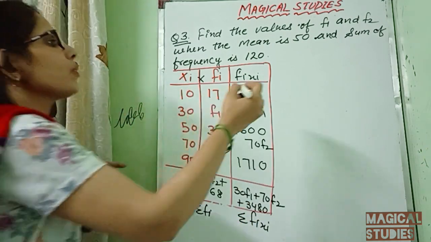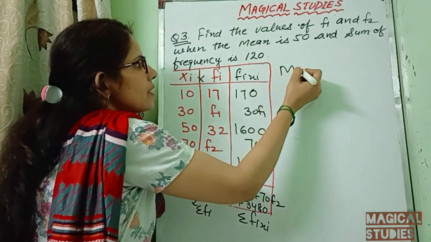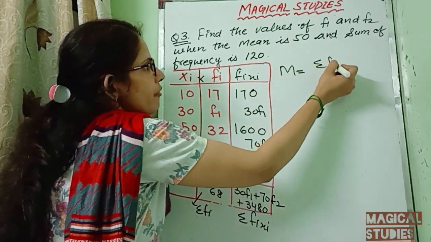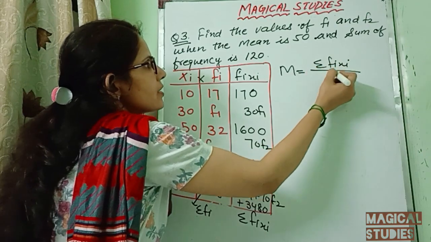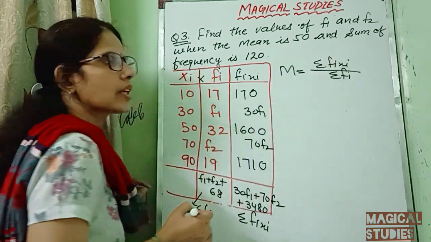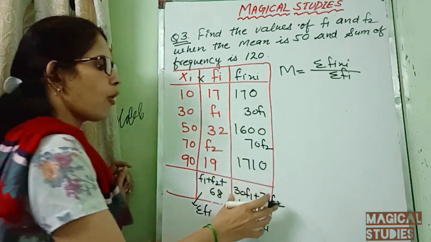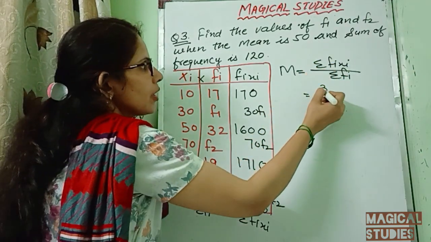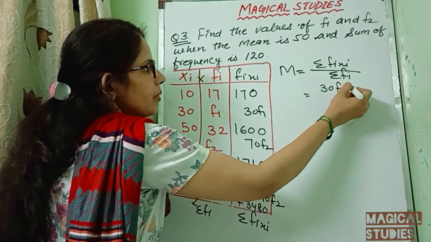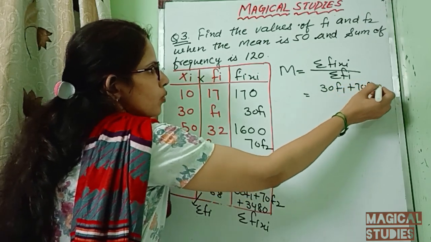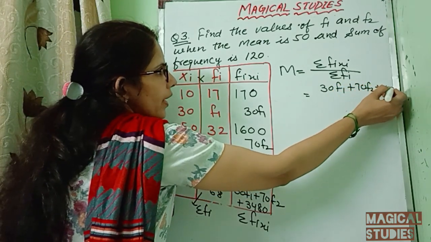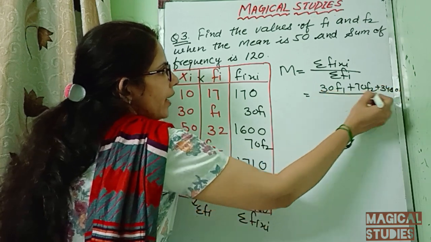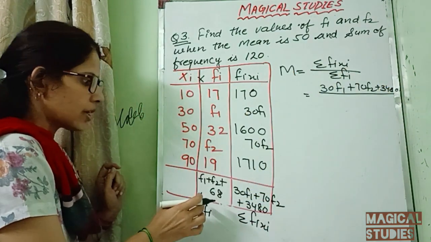Just write down the formula: mean is equal to summation of fi xi by summation of fi. Put the values. Fi xi is 30f1 plus 70f2 plus 3480. And what is the value of summation fi?